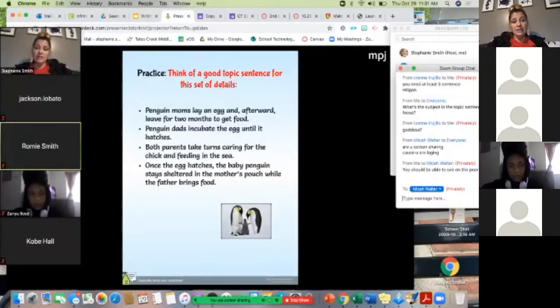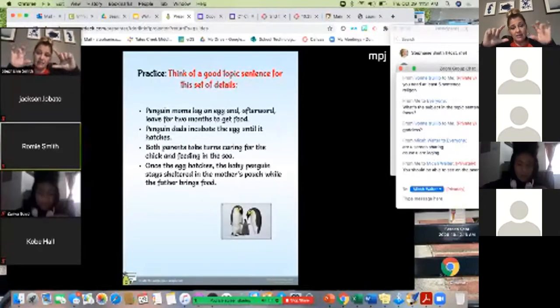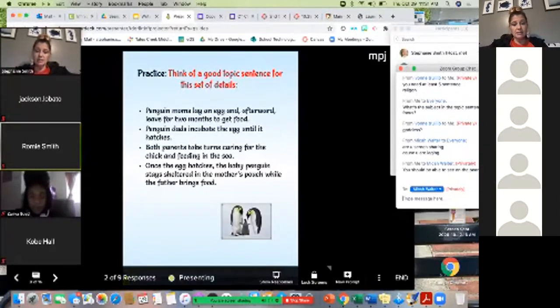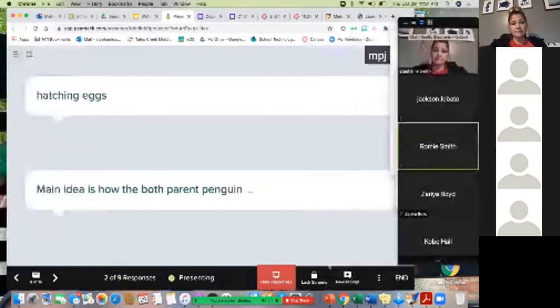So we have all these details. What is a good topic sentence or claim that states the main idea of this paragraph? Go ahead and write your response. And we're going to look at them right here while you guys are writing.